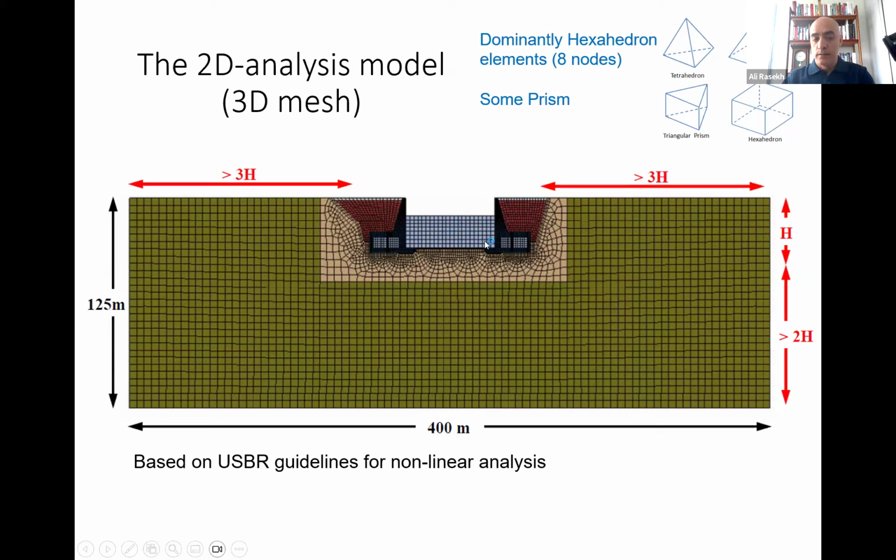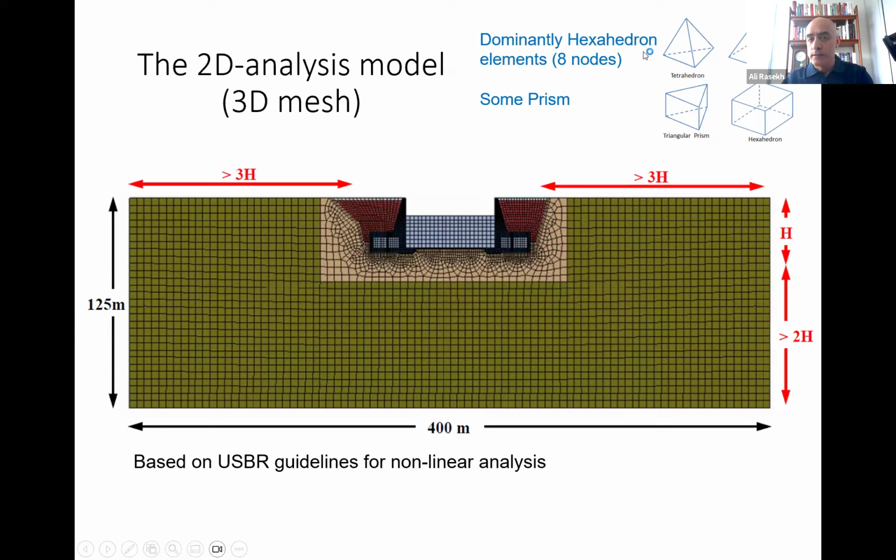Representation of the water, like a compressible water model. There are different solutions for that. We used one of the typical solutions, which I remember was an acoustic representation. And there is some rock fill or earth fill behind each lock to fill up this gap, for which we use a nonlinear material model.